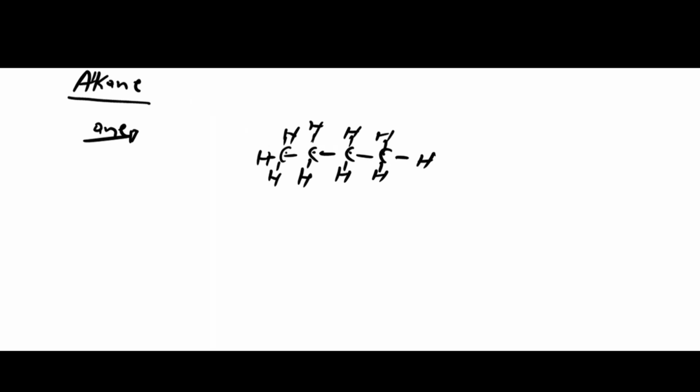There are 4 carbon atoms in the main chain, and there are no other atoms except for hydrogen, which means this one will be but, meaning 4. Then since it is an alkane, we put ane in here, right? That is butane.